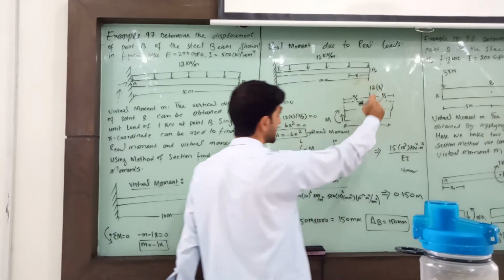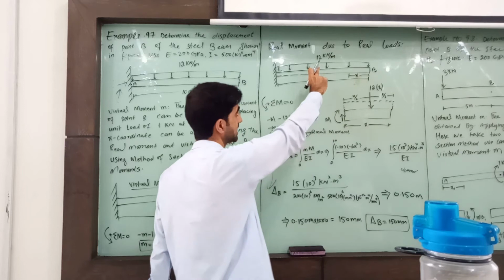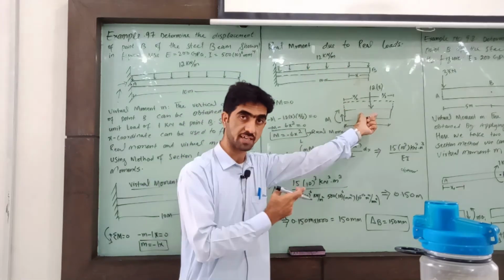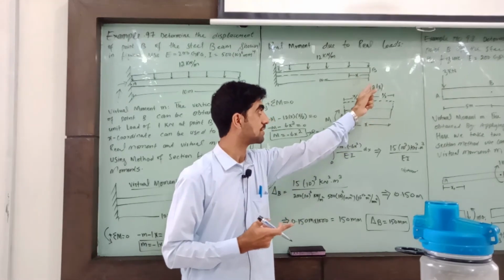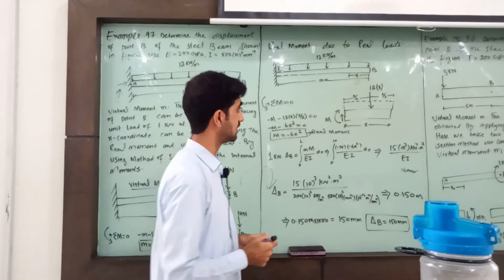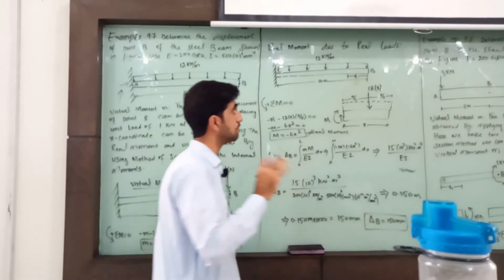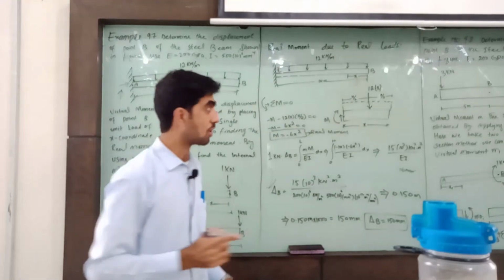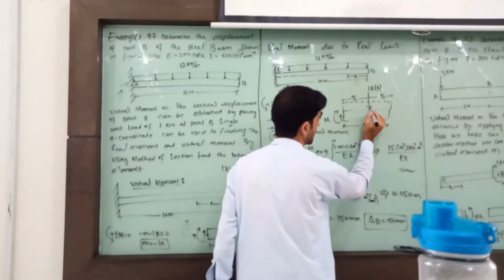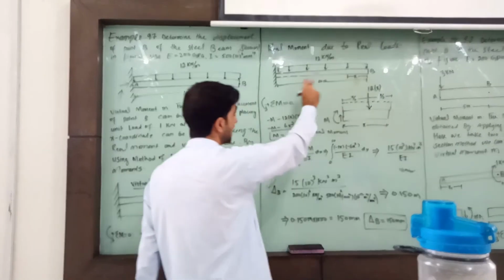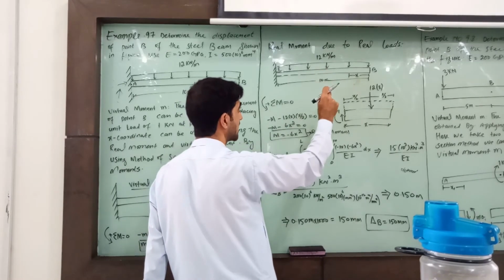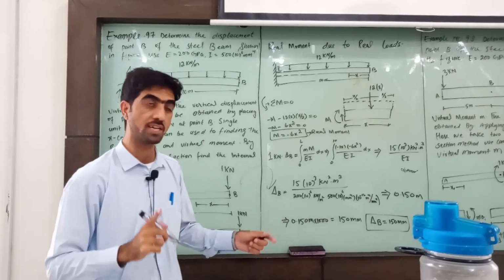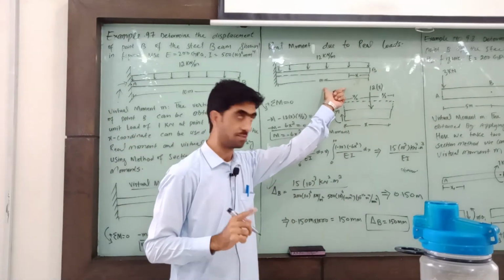The total load is applied at that point. You can see this diagram. This is the point load, 12 kilonewton. UDL means a distributed load on the beam, whereas a point load is applied at a single point. So UDL means 12 kilonewton per meter applied on the total beam.